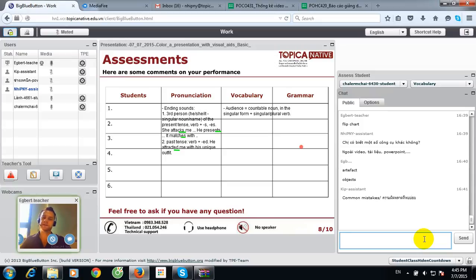Yes? This is difficult, but this is an exception to the rule. The audience is, or the audience are. It's a little bit about, do we speak about one group of people, or do we speak about the people in the audience? And that makes it singular or plural. So that's something for today to remember.